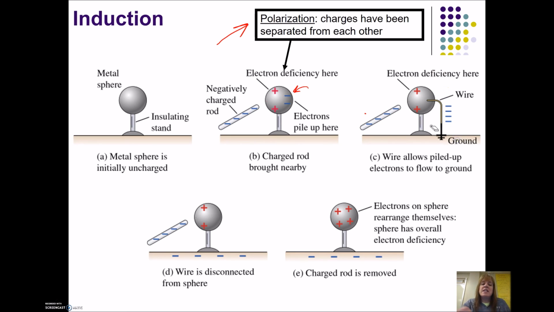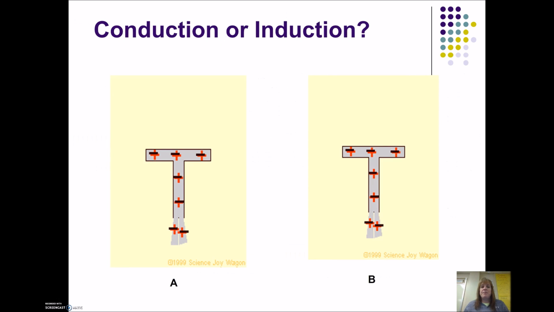So I have to disconnect the grounding wire while that charged rod is present. And if I do that, I will be left with objects that have opposite charges. So that is charging by induction. No contact between the charged object and the thing I'm trying to charge, but I have to have a grounding wire. And I will get two oppositely charged objects.